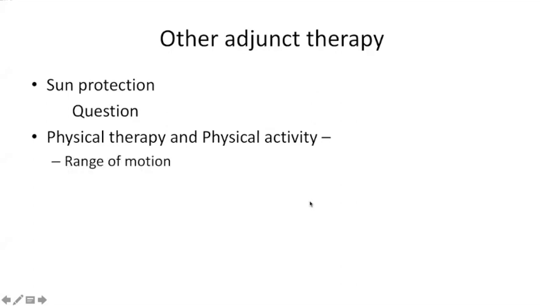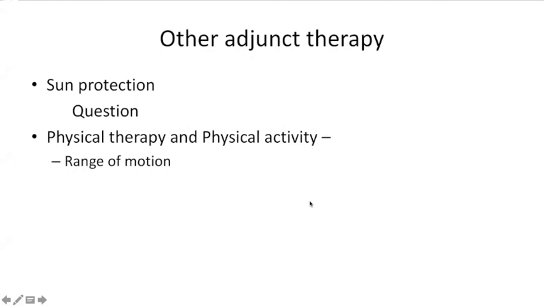But even when someone is very affected and perhaps not even able to walk and do all your typical activities of daily living, maintaining range of motion is important. That means learning exercises from a physical therapist that you can continue doing on your own to go from fully bent or flexed in all your major joints to fully extended or stretched out, like in your knees and hips and shoulders and elbows.